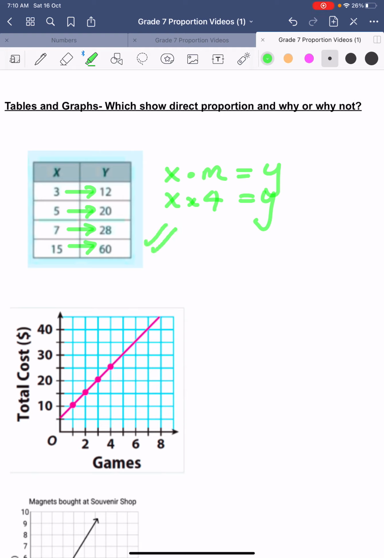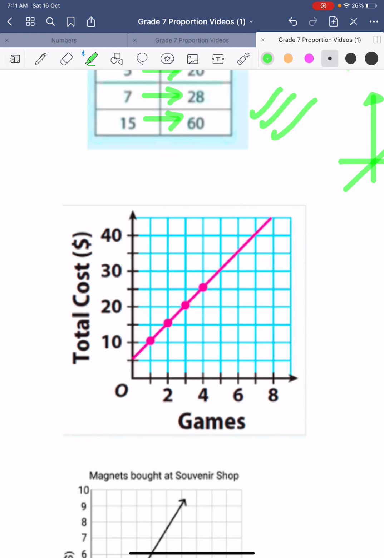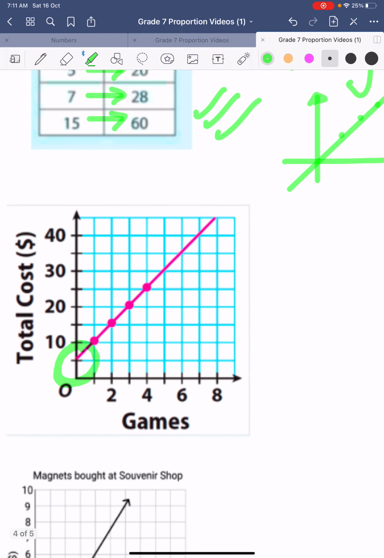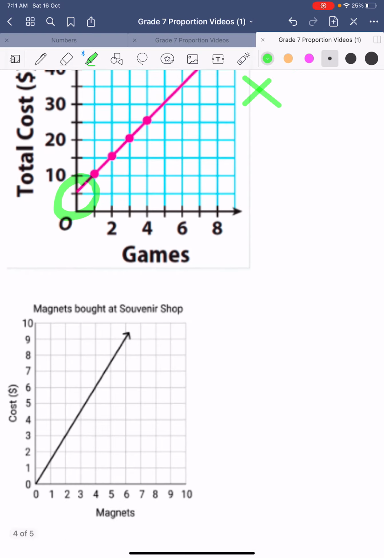So pretty much that's going to help us understand that if we drew a graph of this and we plotted the points, it would indeed be a straight line which would go through the origin. So this is directly proportional. I think we can see here that this doesn't go through 0, 0. So if it fails just one of the parts, we can say no, this is not directly proportional.